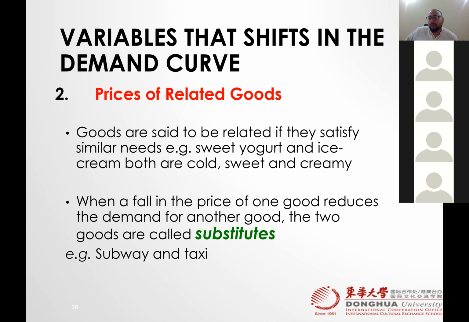So price of related goods. Goods are said to be related if they satisfy similar needs. For example, if you have a comparable option, we call that related goods. For example, yogurt with frozen yogurt or ice cream, right? Or coffee with tea, milk coffee with milk tea.